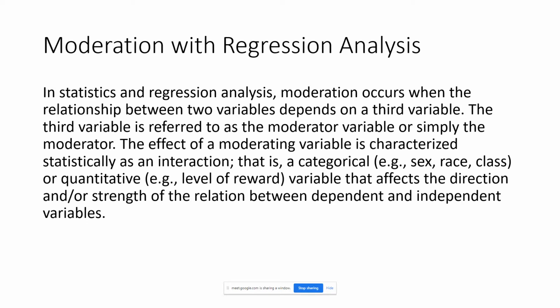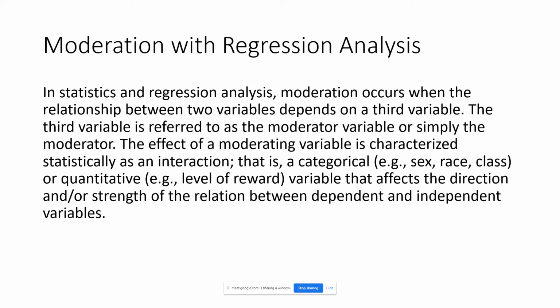Specifically, within the correlational analysis framework, a moderator is a third variable that affects the zero-order correlation between two other variables, or the value of the slope of the dependent variable on the independent variable.